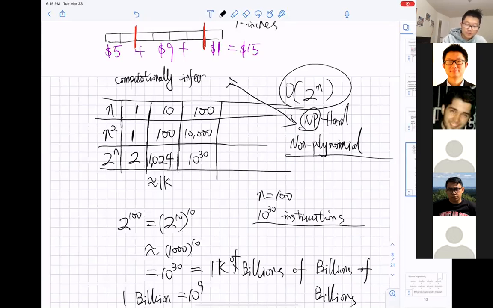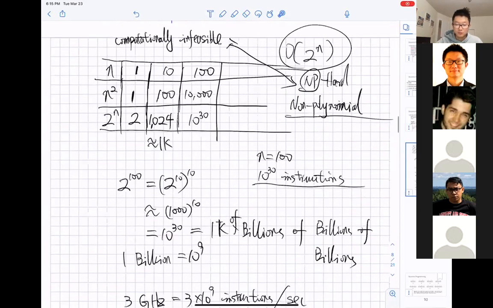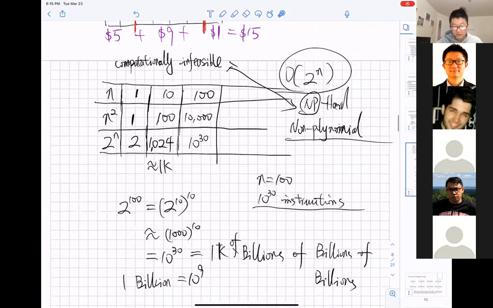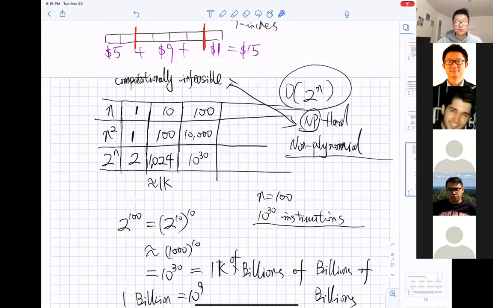Computationally infeasible means that the problem is so complicated that even if you give it the most powerful computer in this world, it will take trillions of years, billions of years to finish the computing. Okay, so NP hard has such a name. This is the highest complexity that we will study in this course, and it's pretty bad.